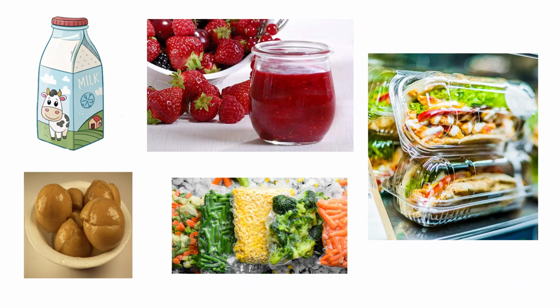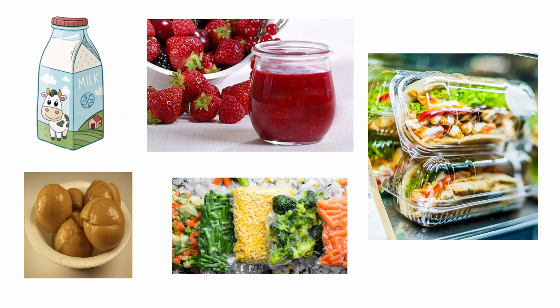And these are some examples. Milk is preserved using a preservation process like pasteurization. And this is a strawberry, it is a food. This fruit will spoil at room temperature, but when we convert it into jam using sugar, the process of sugaring, it can extend the shelf life.